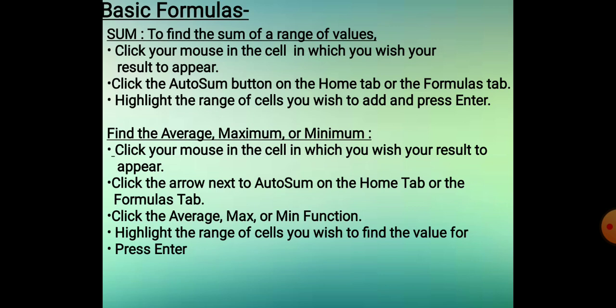Then click the AVERAGE, MAX or MIN function. Highlight the range of cells you wish to find the value for. Then press the Enter key. To see more functions, click More Functions on the Formulas tab, to open the Insert Function dialog box.